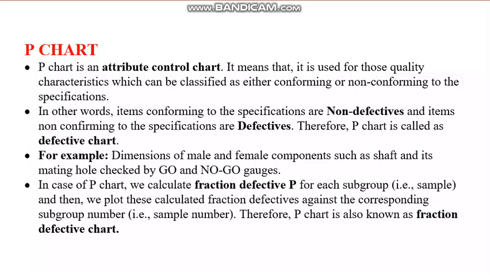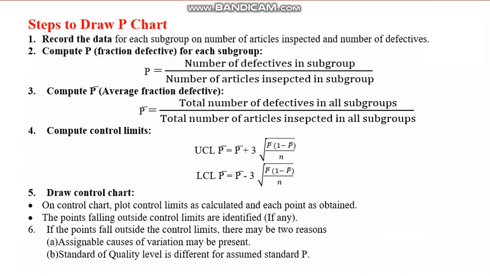In the case of the P chart, we calculate the fraction defective p for each subgroup or sample, and then we plot these calculated fraction defectives against the corresponding subgroup number or sample number. Therefore, the P chart is also known as the fraction defective chart. Either you call it a defective chart or a fraction defective chart. Now, let us see how to draw this P chart.